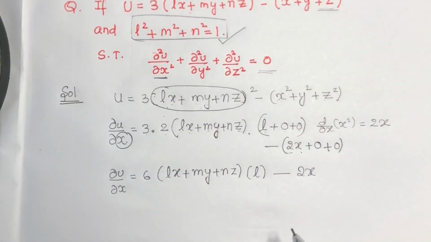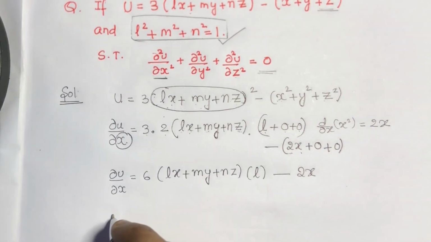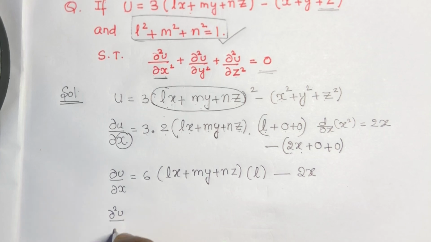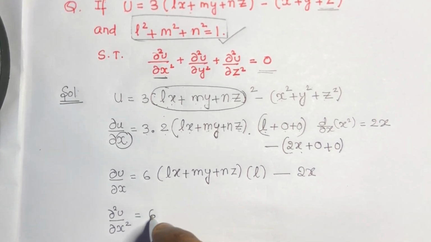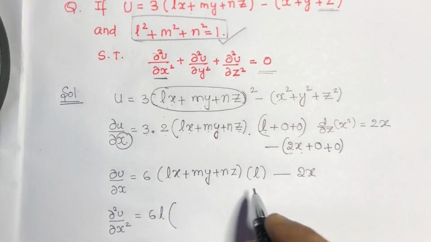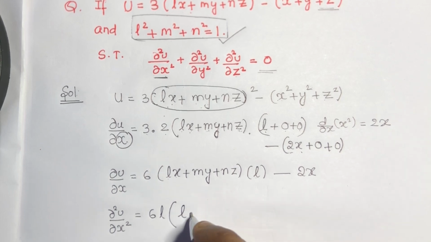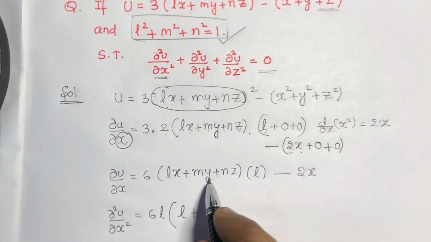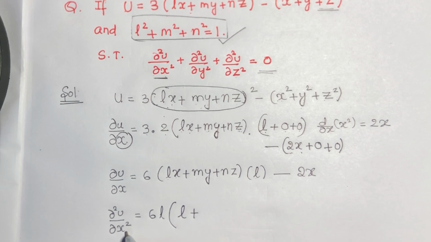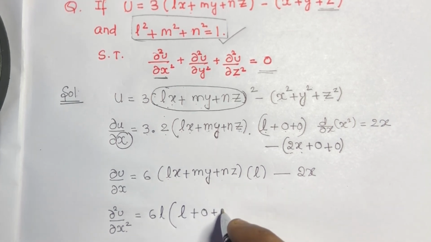Again, because in the question we need partial differentiation, that can be written as dou square u by dou x square, which is equal to 6 times, L you write here. Now open the bracket, because L is constant, 6L. Now if you observe, partial differentiation of Lx is L, plus partial differentiation of My, I'm differentiating with respect to x, so y is taken as constant, it will be 0, and this part will be 0.